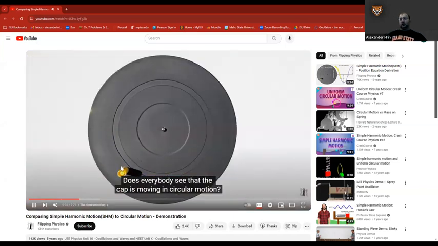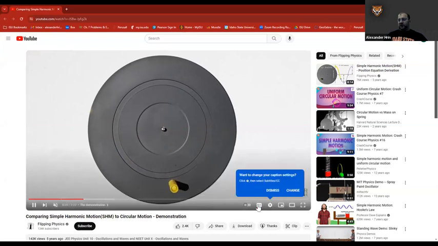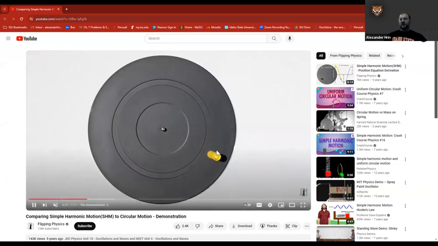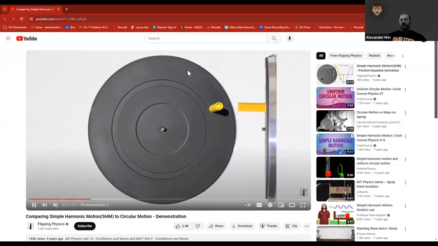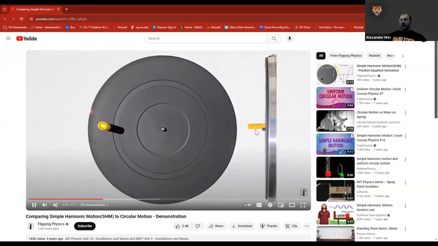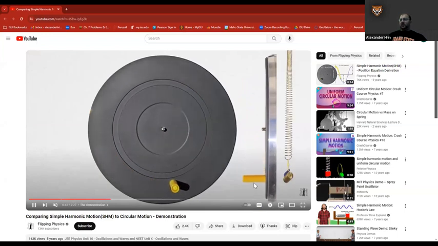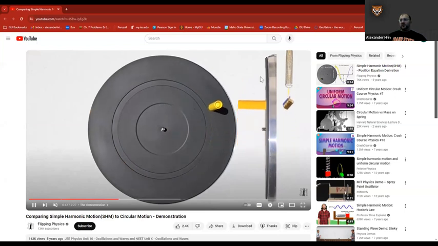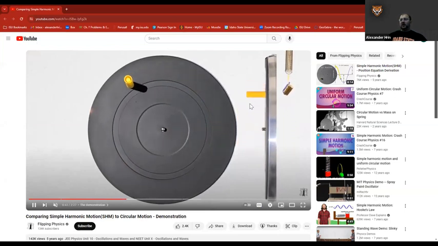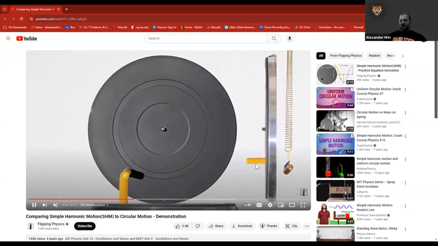So what you can see here is the marker going around in circular motion. But if all you do is consider it from its side, then you can kind of tell this yellow cap is getting further away. But if all you can really see is its vertical position here, then it is doing the exact same thing as a mass on a spring. And this is side by side.